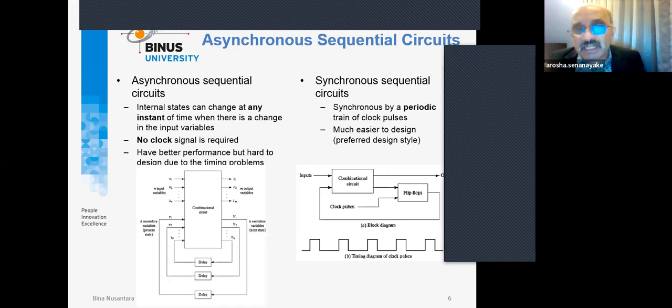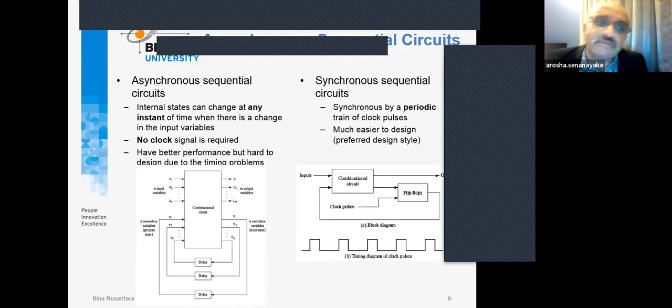If we look at a little bit of the difference between asynchronous and synchronous, as you can see from the definition, which I have already explained a little bit, internal states can change at any instant of time when there is a change in the input variables.